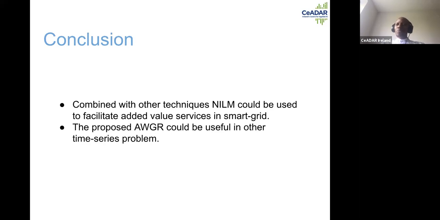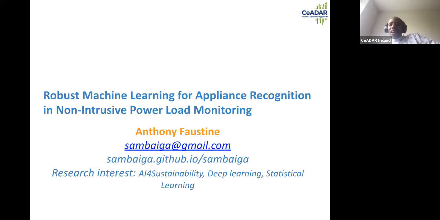Second, the proposed approach of representing time series signals as image representations, especially the approach which integrates this as part of an end-to-end pipeline with deep learning, could be explored for other applications in time series classification problems. As I said before, we have tested this only for the current signal, but we believe this could be used for other applications. So that ends my presentation, and I would like to hear if there are any questions. Thank you very much for your time.